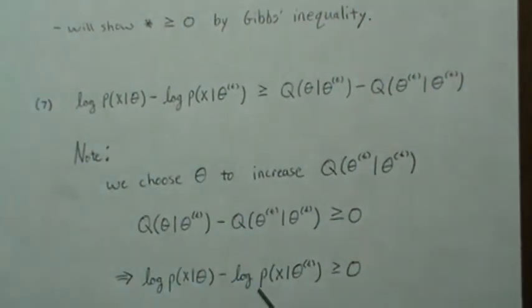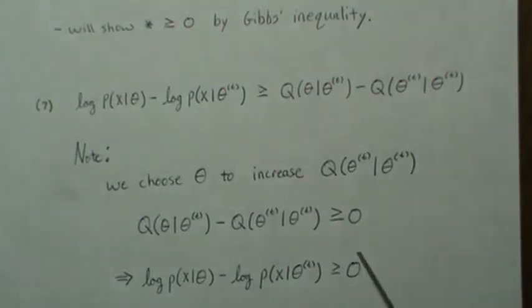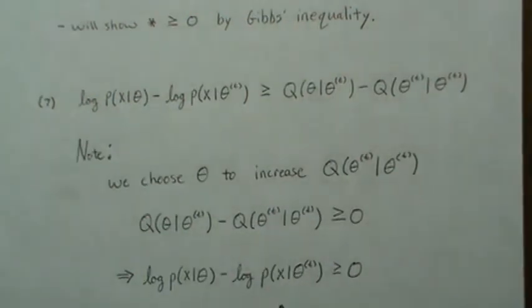Okay. Well, this is what we want to maximize. So we take our initial guess, and if we take one step and make it bigger, which is what this does, because this is bigger than that by this inequality.